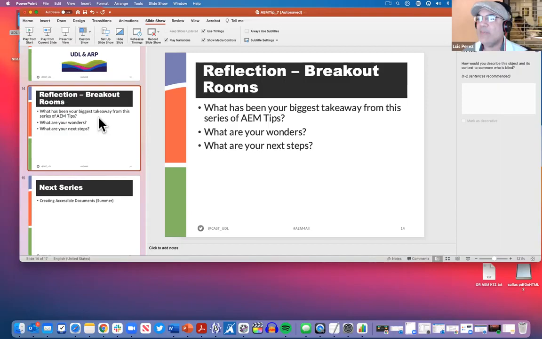What are some next steps that have come up from participating in this series? It could be a new resource that you're going to check out, which would be really helpful, or it could be somebody that you're going to reach out to make some connections. I'm going to set these breakout rooms and we'll do this for about 10 minutes, and then we'll come back together for some larger group discussion.